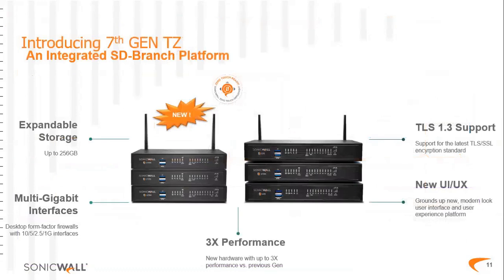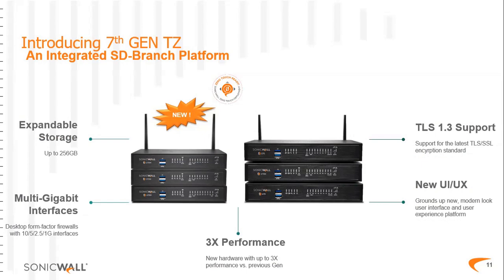So, introducing the Gen 7 TZ firewall. The Gen 7 new model firewall provides expanded storage up to 256 GB. Besides that, it also provides multi-gigabit interfaces, which is 10 gig, 5 gig, 2.5 gig, or 1 gig interface for this small series TZ firewall.